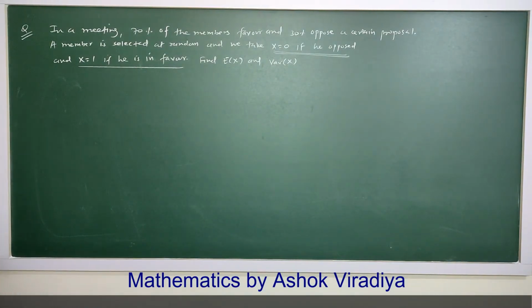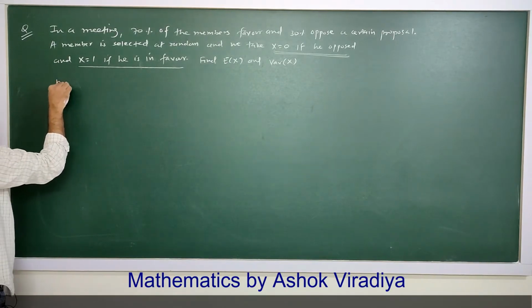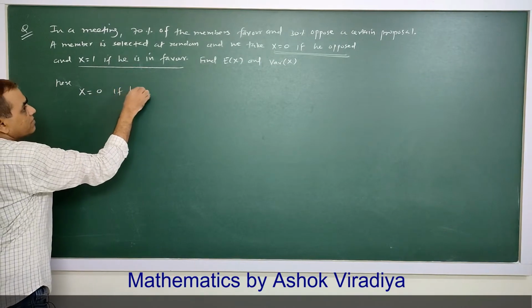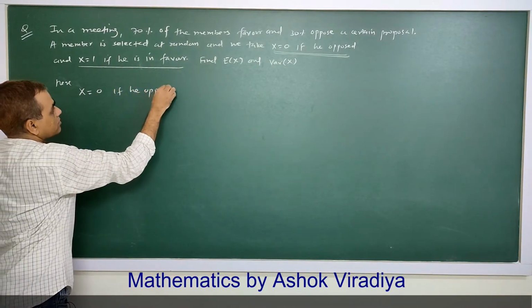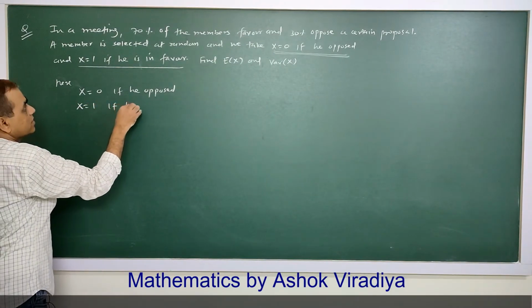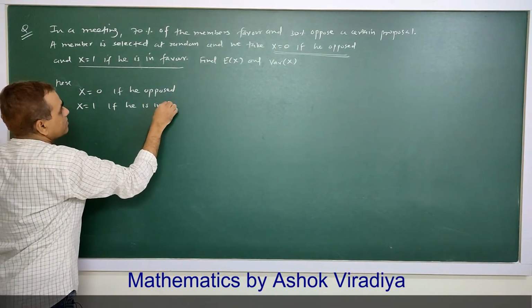Find E of x and variance of x. Say here x equal to 0 if he opposed, x equal to 1 if he is in favor.